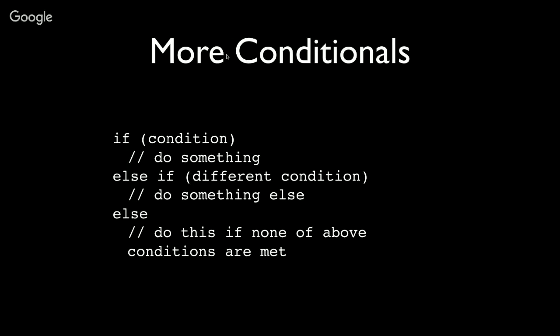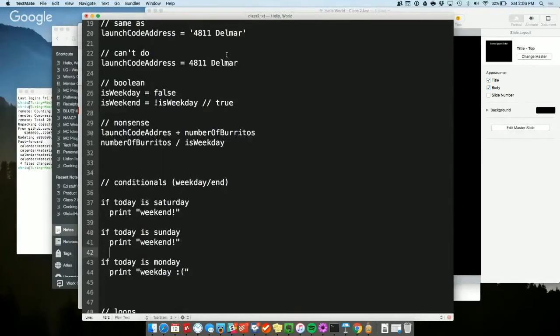But now I'm introducing another piece, which is to say, I can also add after that else if and else. So what this will do is allow me to, rather than just asking a bunch of questions, do something if something's not true. So rather than just doing an action when something is true, rather than just printing out a word when, say, Saturday is true, I can also do something if it's not true.